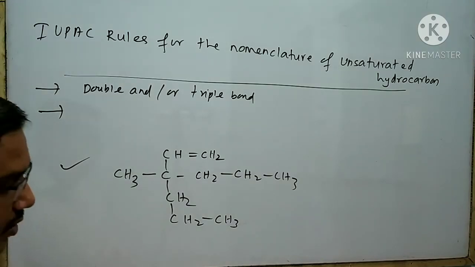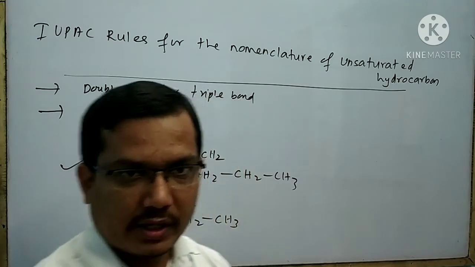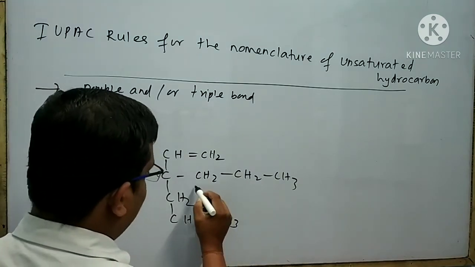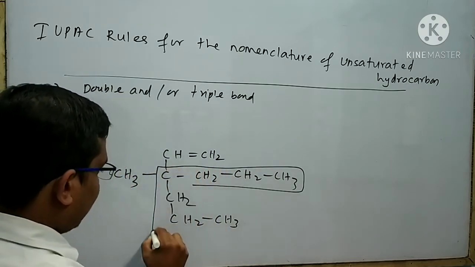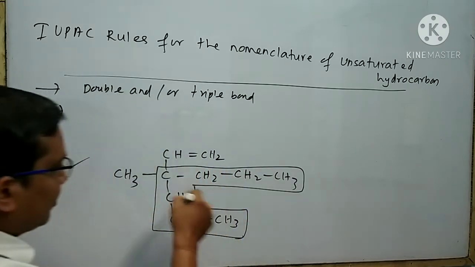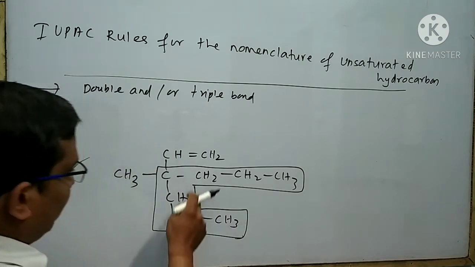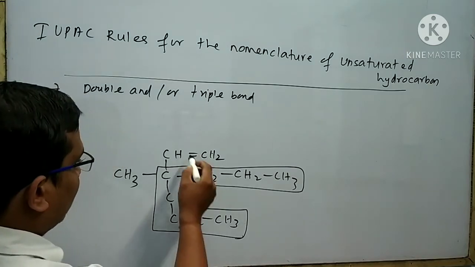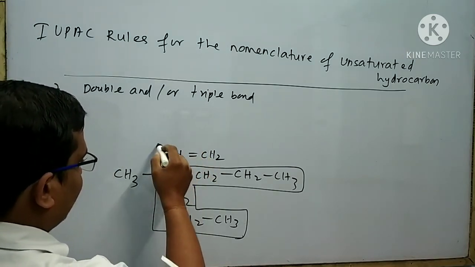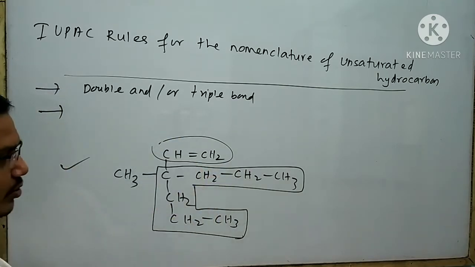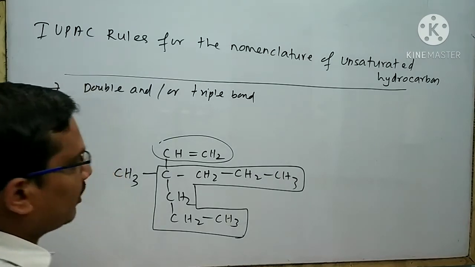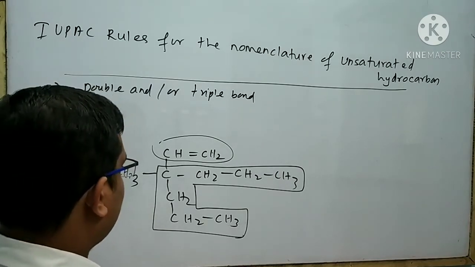That means the chain length may be greater, but it is bound to focus on the double or triple bond. Look at that. If I select this, it is the longest carbon chain, no doubt, for this compound, but it does not contain any double or triple bonded carbon atom. Here the double bonded carbon atoms are present, so it is not said to be the parent chain. According to the rule, the chain must contain the double bonded or triple bonded carbon atom.